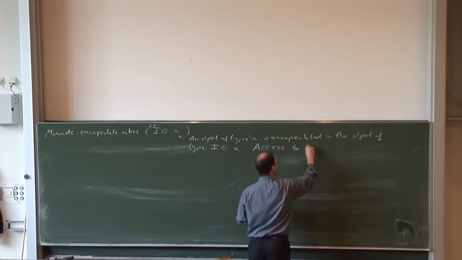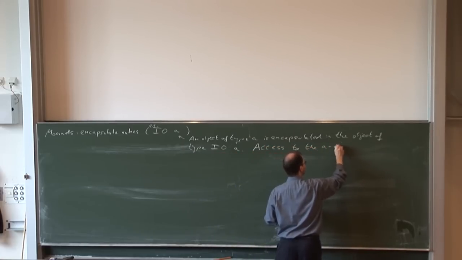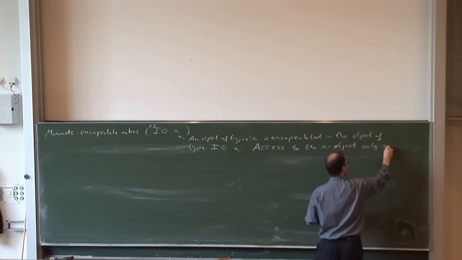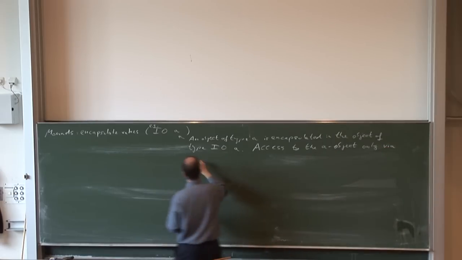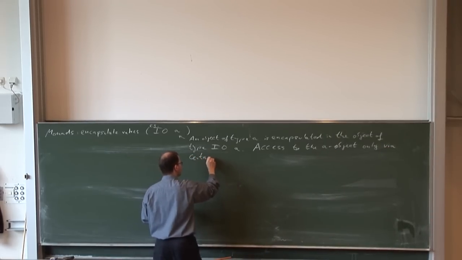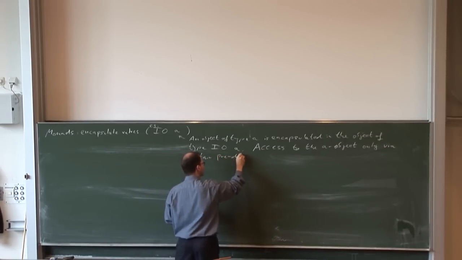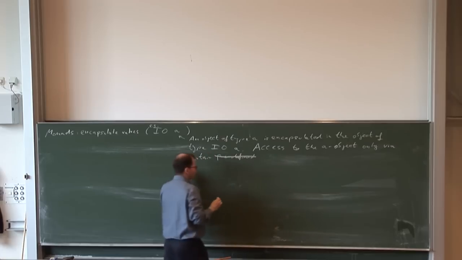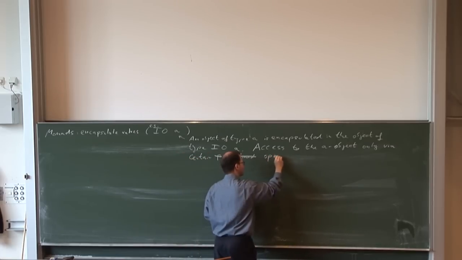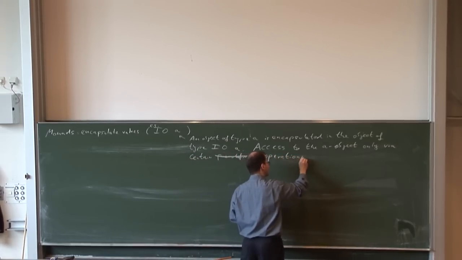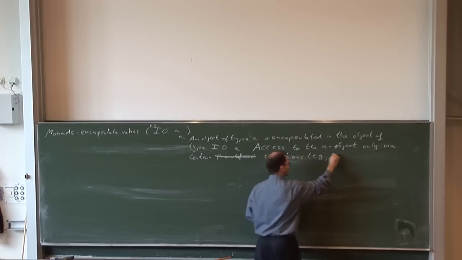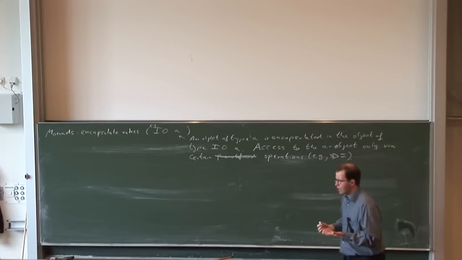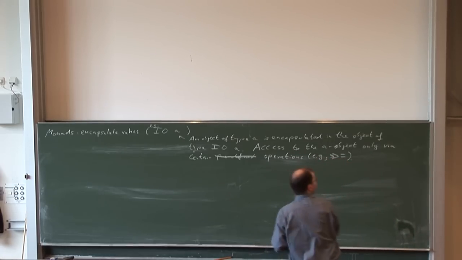Access to the A object is only done via certain predefined operations, for example via this bind operation. You cannot just take it out.